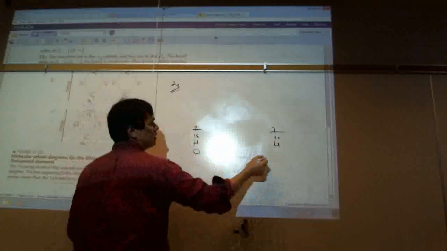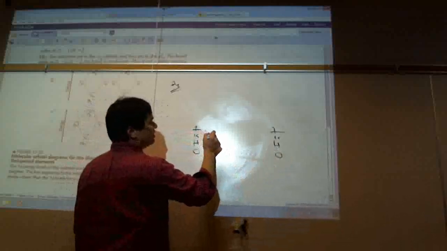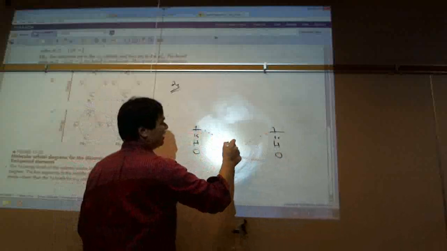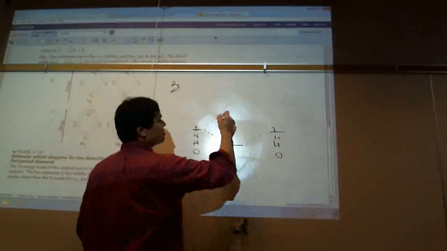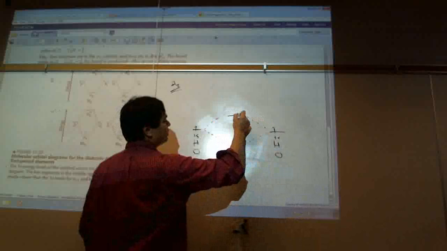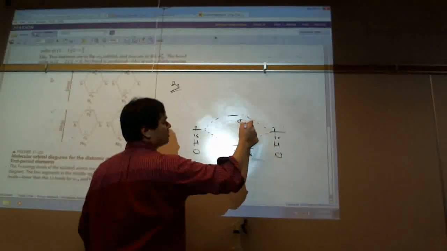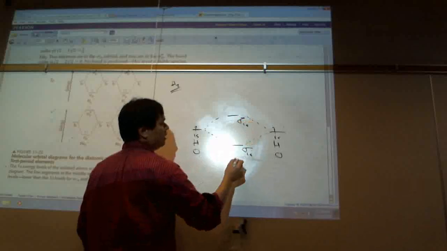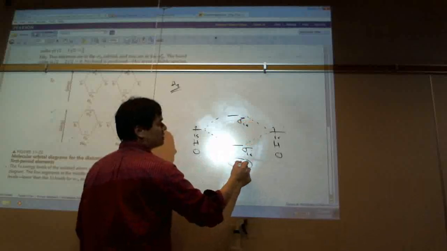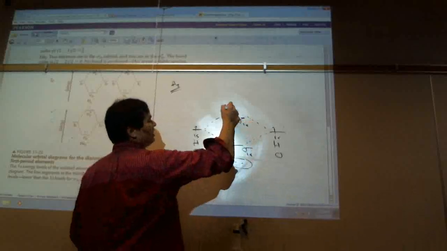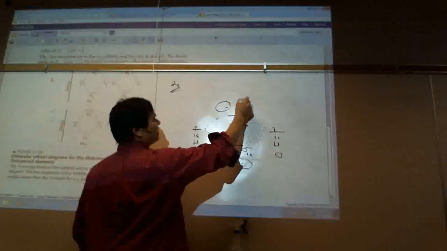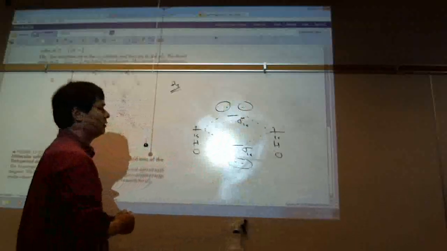When we bring them together, they mix both constructively like this and destructively like this. And so this one is called sigma 1s, this one's called sigma star 1s. And what they look like is this. This is sigma 1s, cigar shape. This is sigma star 1s. We got the cloud there.